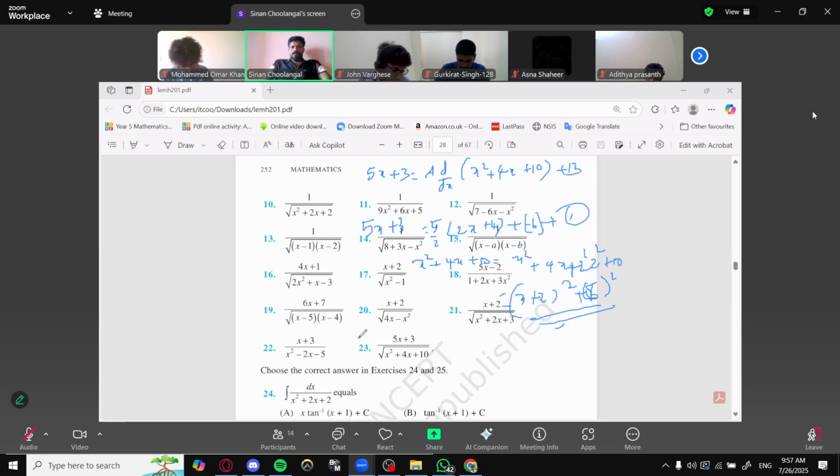Now rewrite the question. 5 by 2, so that step I am skipping. Second, based on that, minus 6 you can take out. Write the perfect square.